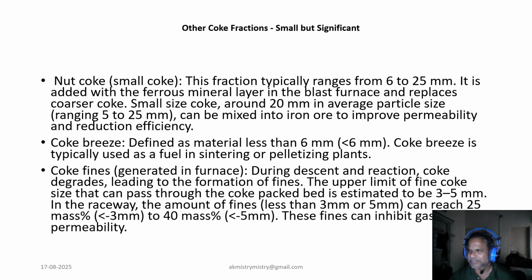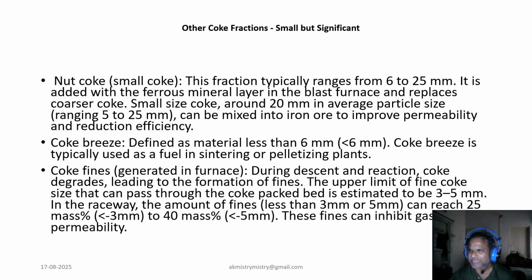Lastly, we must consider coke fines, which are generated right inside the furnace. During descent and reaction, coke inevitably degrades, leading to the formation of these fines. The upper limit of coke fines that can pass through the coke packed bed is estimated to be 3 to 5 mm.